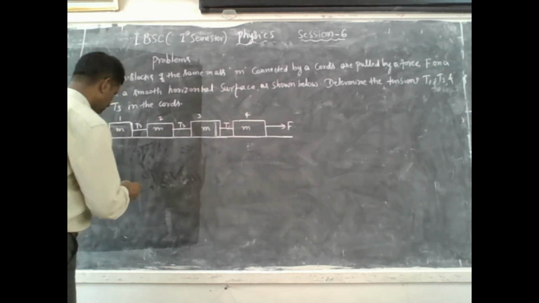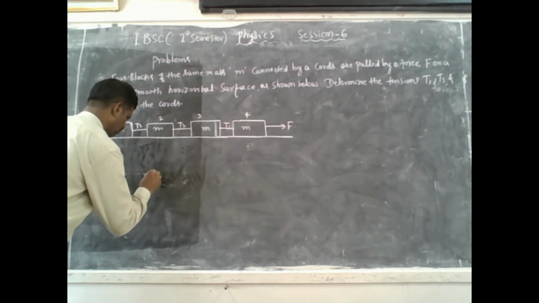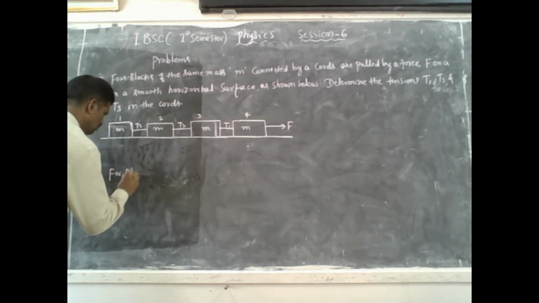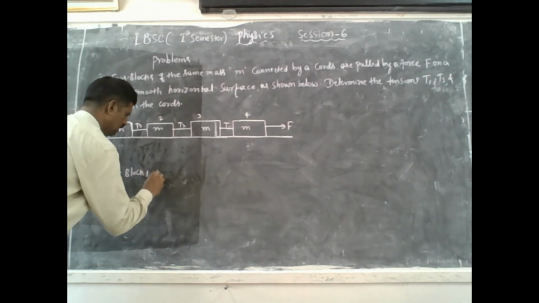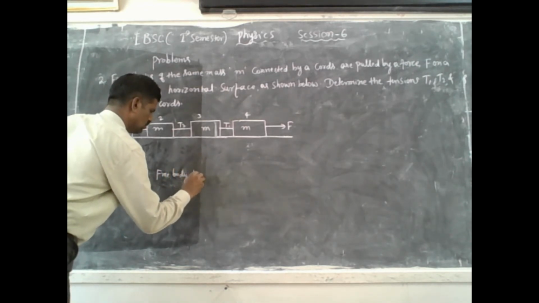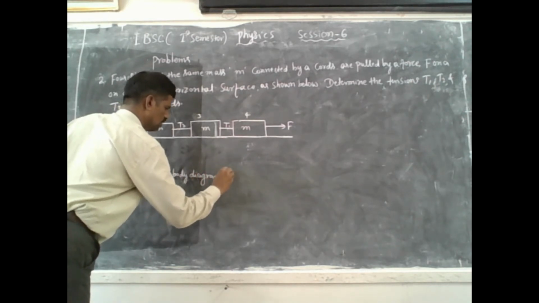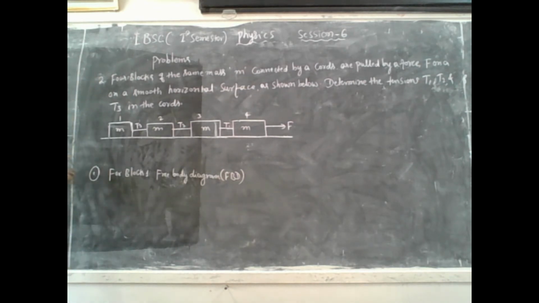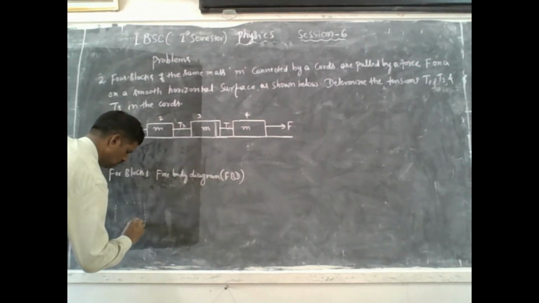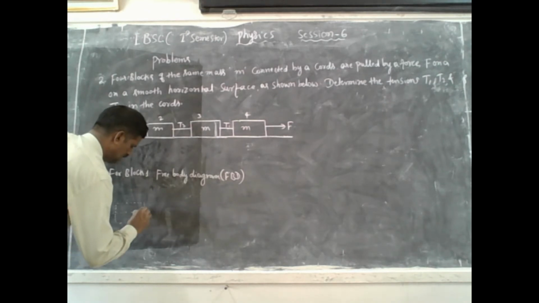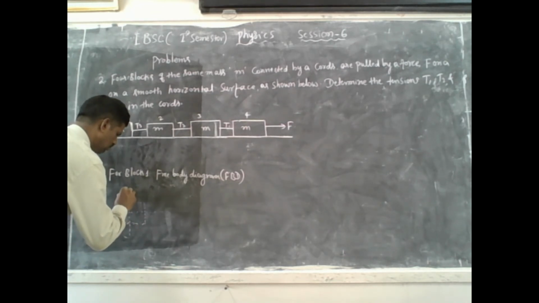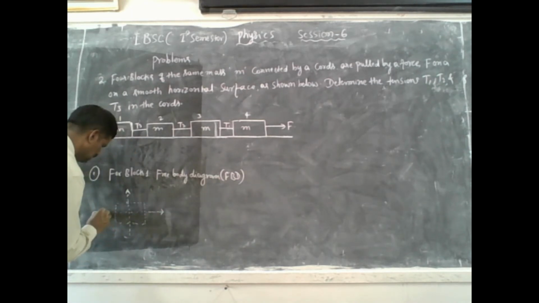So therefore, for FBD, for block 1, free body diagram, we have to take the directions and magnitude vectors along the x-axis and y-axis, isn't it?